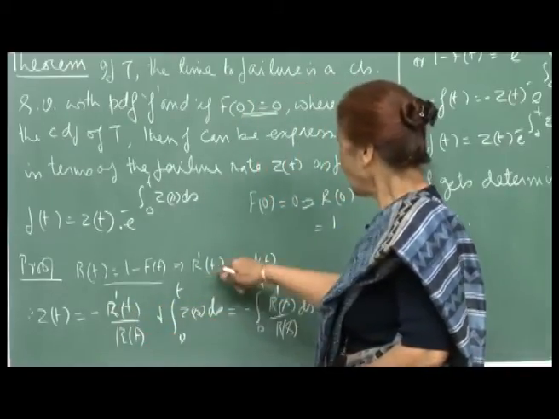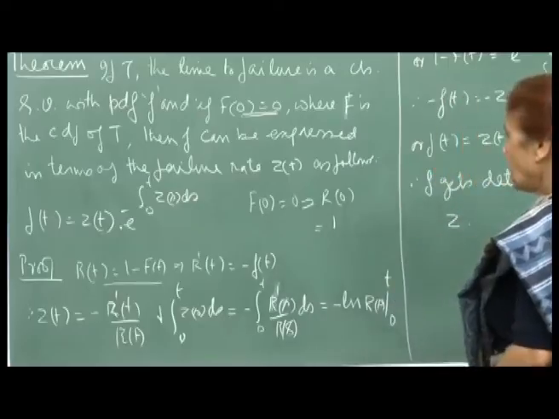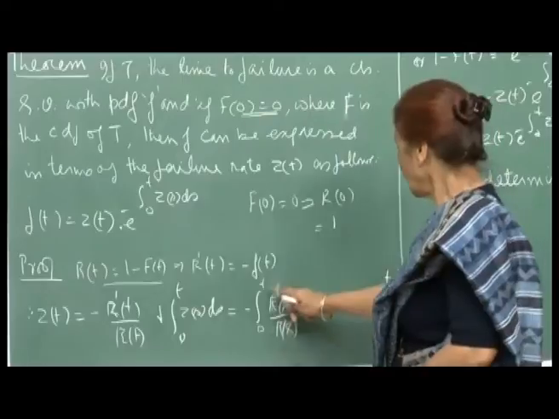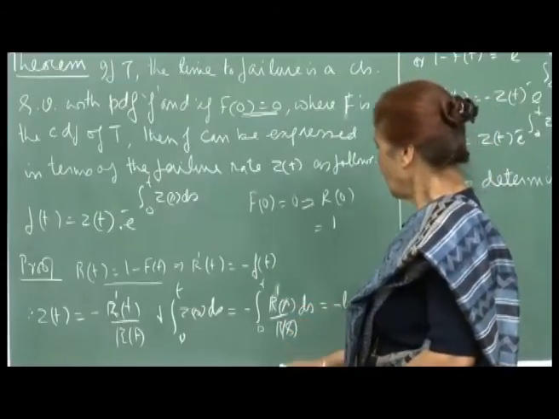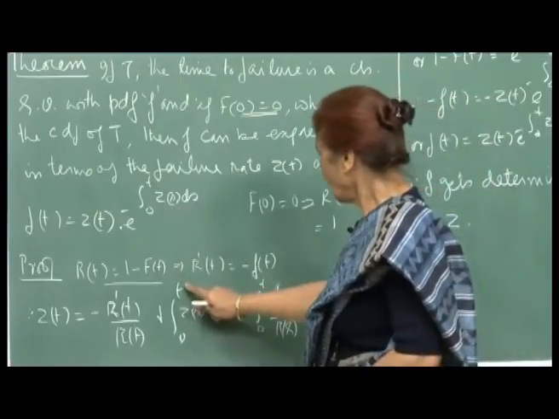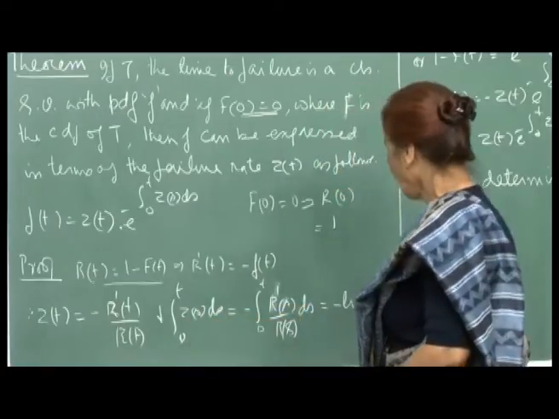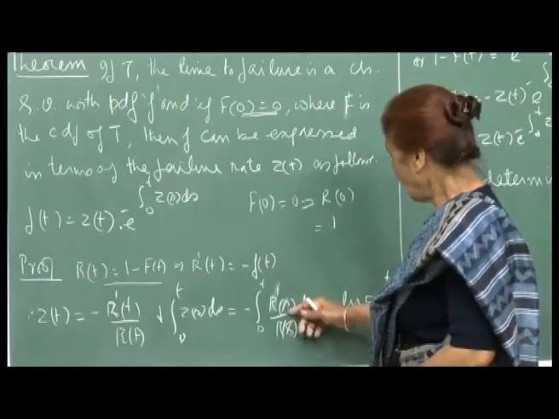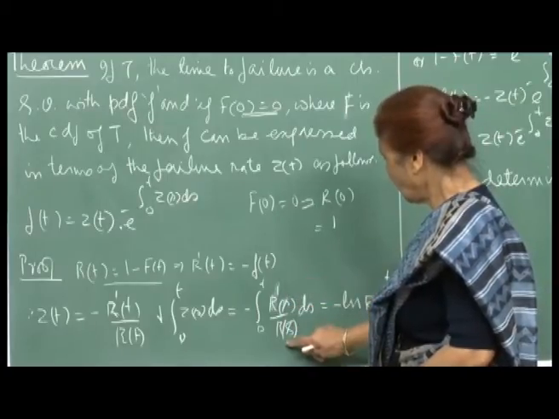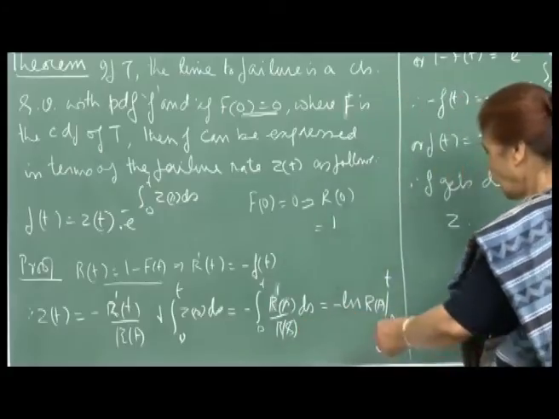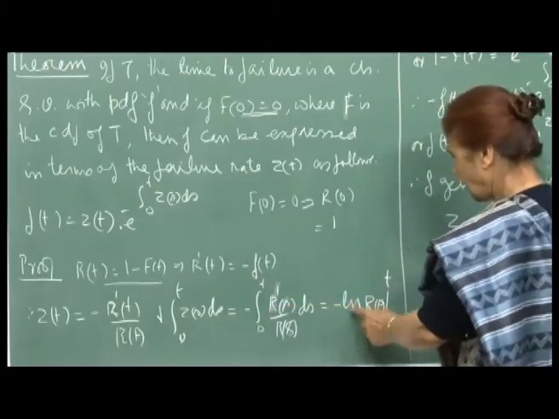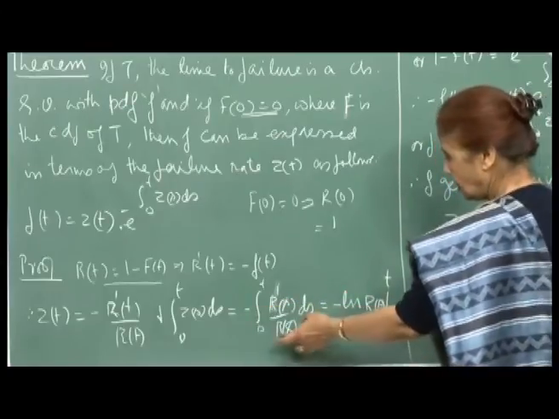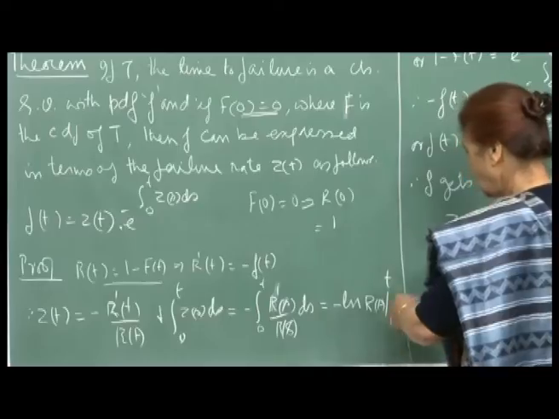So, f(t) is minus R'(t), and therefore, if you integrate this from 0 to t, this is of the kind integral 0 to t of R'(s) upon R(s), and this is integral 0 to t of z(s) ds. Now you have an integrand where the numerator is the derivative of the denominator, and so immediately you know that the integral is minus ln, minus sign is here, ln of R(s) from 0 to t, right.